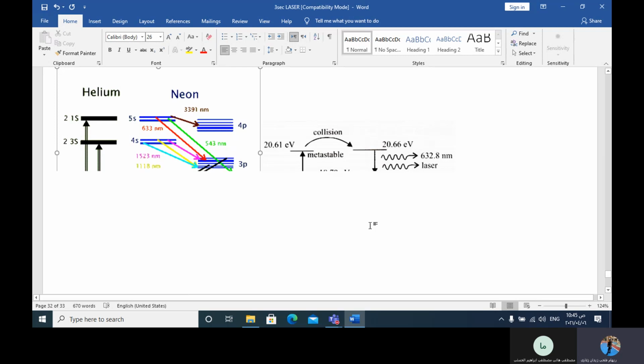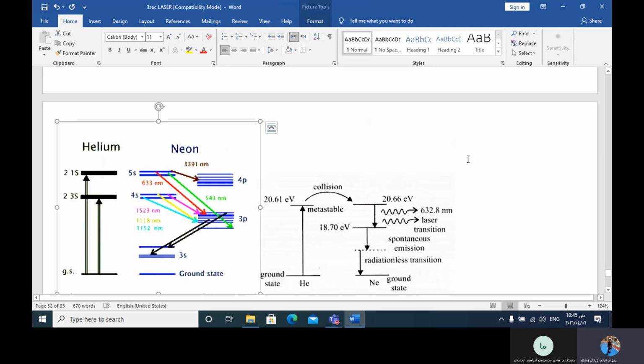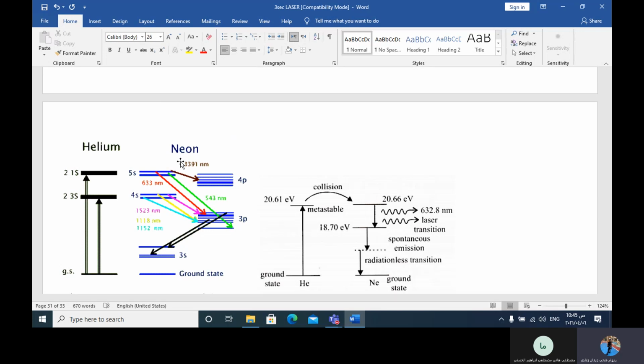One diagram here shows how the helium-neon laser acts. So here you have the helium, and here you have the neon. The reason why we use helium and neon, and why it causes this kind of lasing action, is that when helium and neon are excited, they have close energy levels to each other.